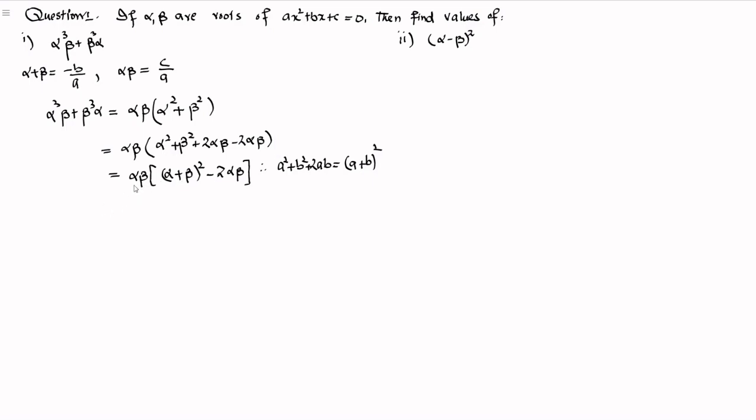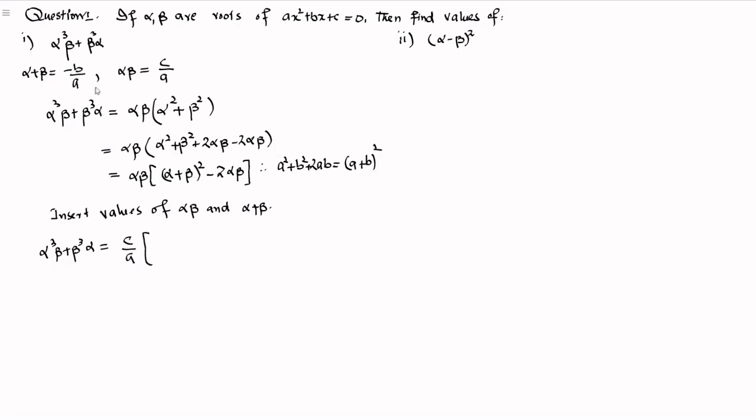Now we know the values of alpha beta, which is c by a. Alpha plus beta is equal to minus b by a. So we will insert values of alpha beta and alpha plus beta. So alpha cube beta plus beta cube alpha is equal to, for alpha beta we will insert c by a.